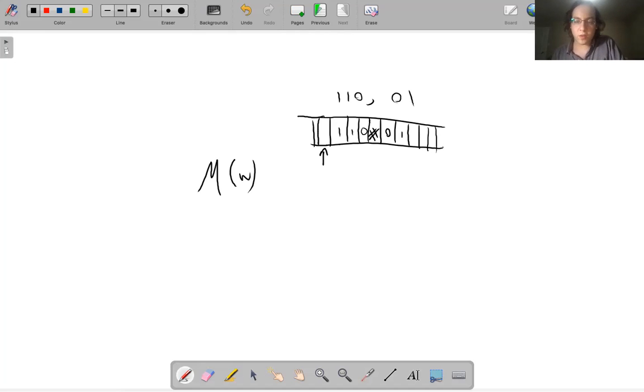This of course expands the tape alphabet, or even the input alphabet. So basically, we can represent two strings, x and y, using one string that's x, then some new symbol, and then y.